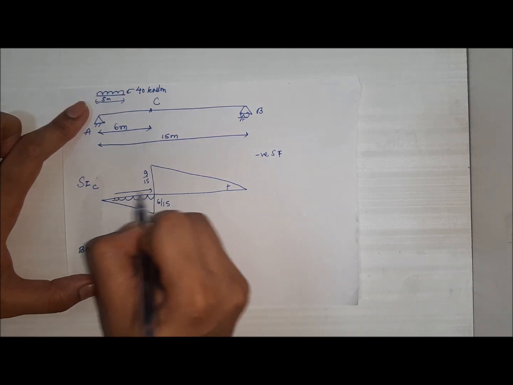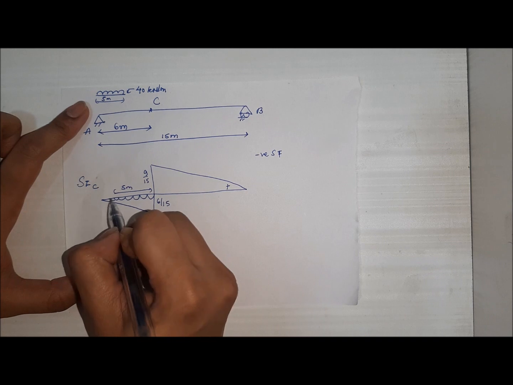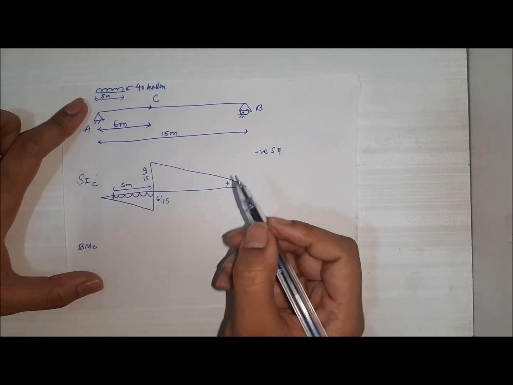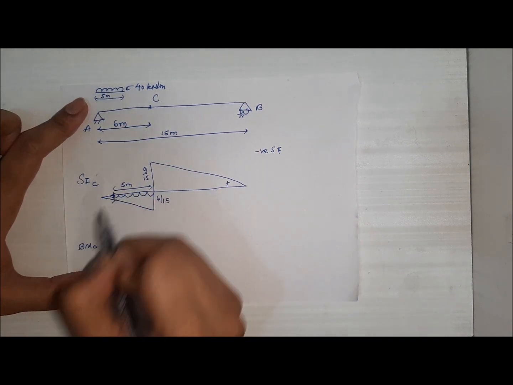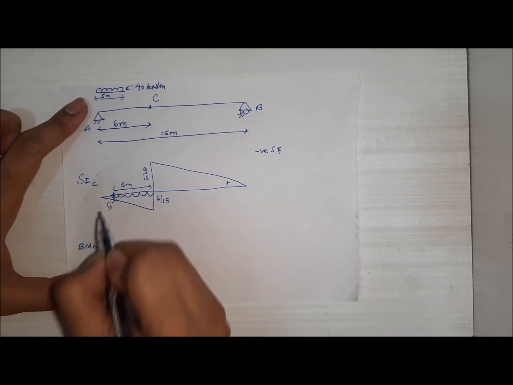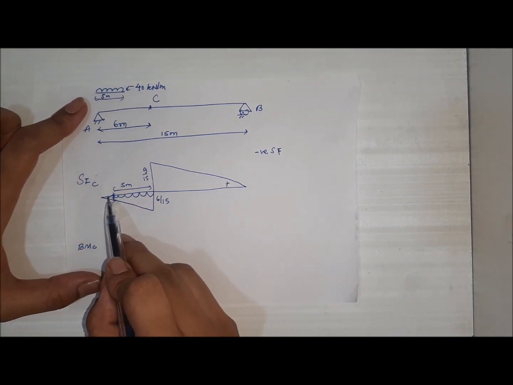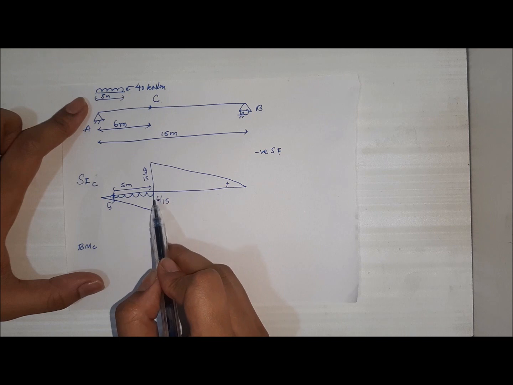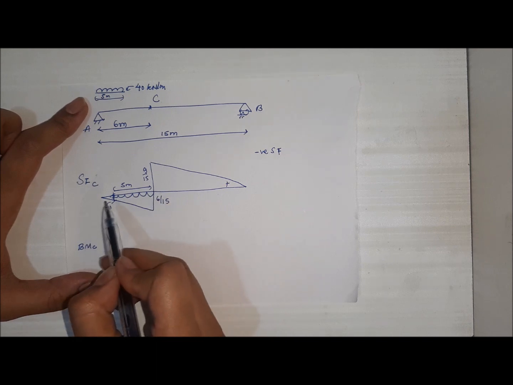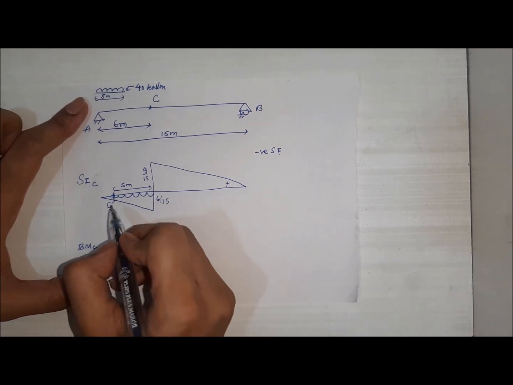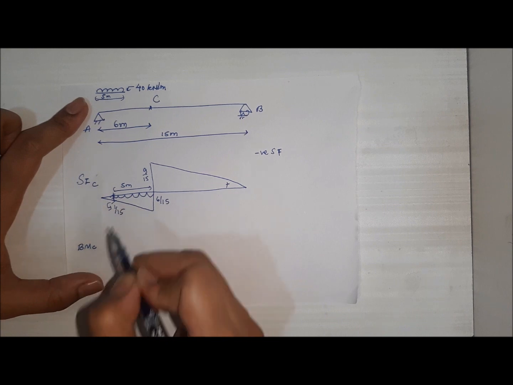This will be 5 meters, and this whole portion will be covered. So we have to find this ordinate. As the distance from A to C is 6, we get the ordinate as 6 by 15. So when the dimension is 1, we get the ordinate as 1 by 15.